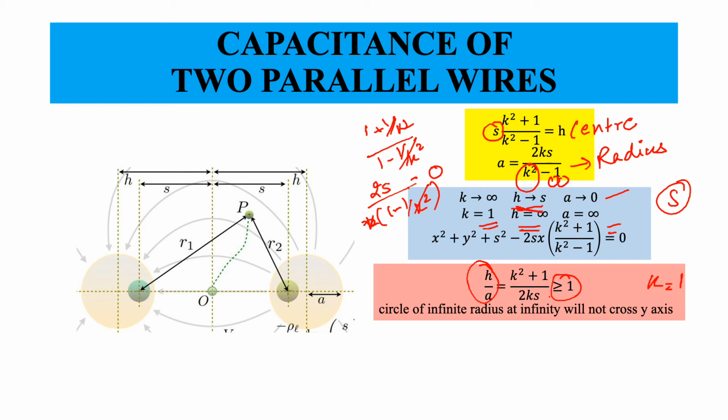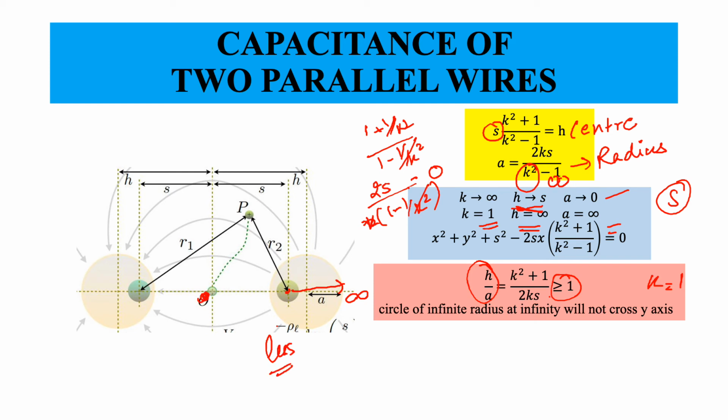What does it mean to us? The center of the circle is moving towards infinity, whereas the radius of the circle would be less than the distance from the origin.